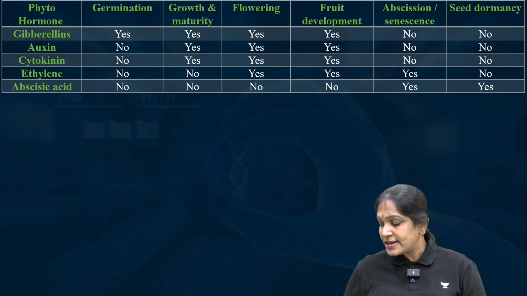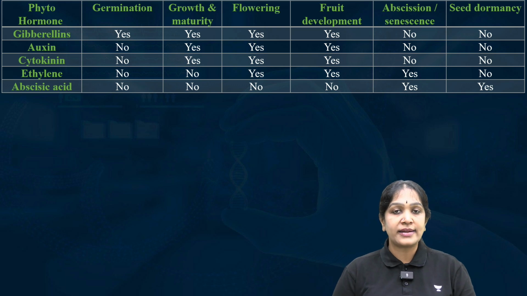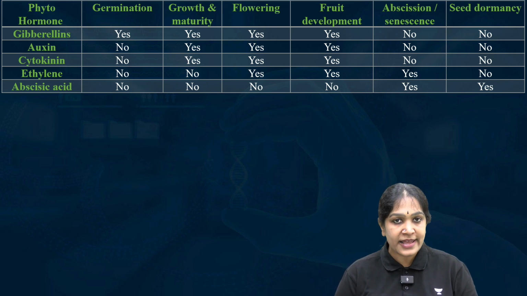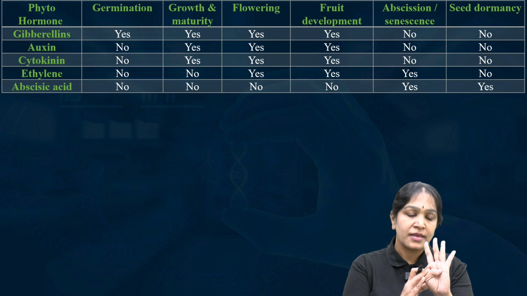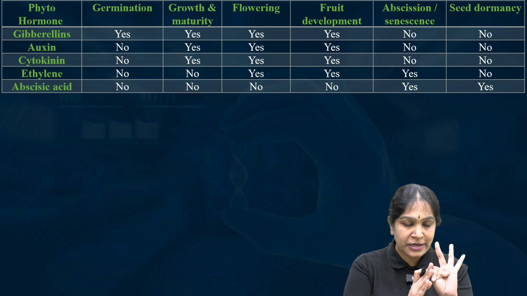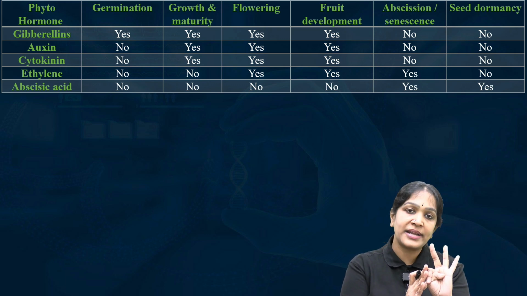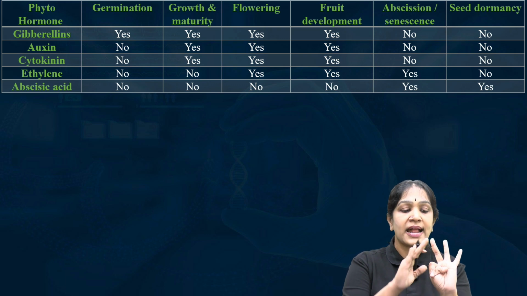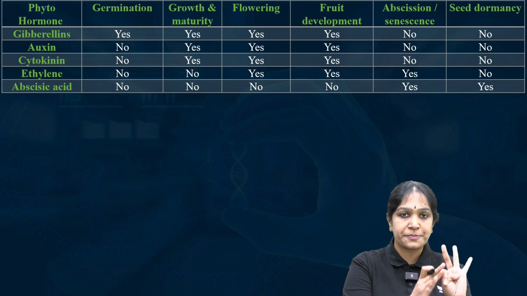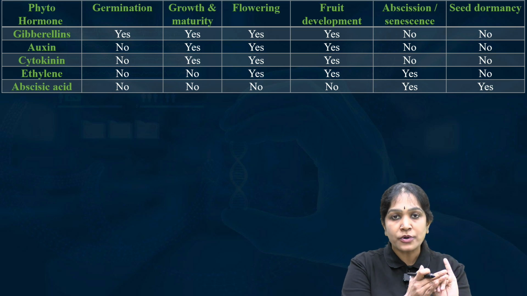I remind you, we are discussing plant physiology, and in plant physiology we have already completed photosynthesis, transport of water and minerals, and also the food material, and transpiration and guttation process.